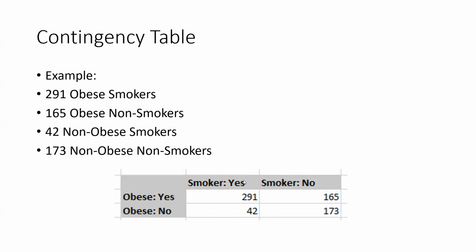So we have a binary breakdown: smoking, yes, no, positive, negative, affirmative or otherwise, and obesity, yes, no. Within this matrix, these are unique observations, and what this means will become evident as we go into our next slide. Each one of the individuals contained within one of these categories is unique.